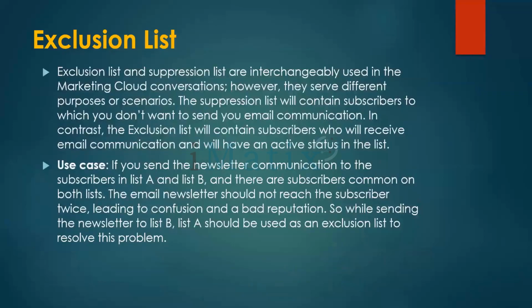This is the concept, note it down. The suppression list is only for removing the unwanted emails. And exclusion is for whatever active subscribers are present in multiple lists: whenever I am sending the mail, they will get it one time, not as a duplicate from the two places.